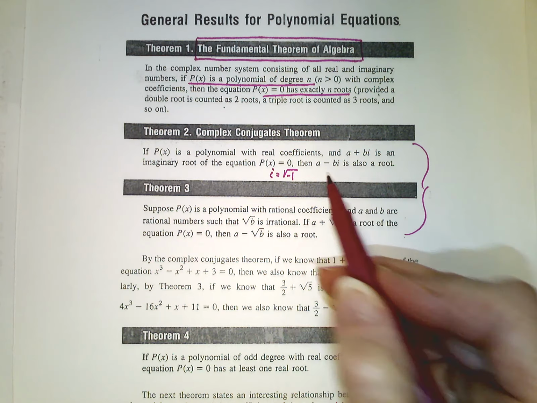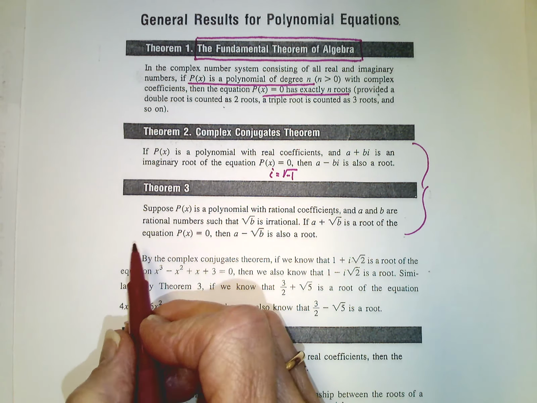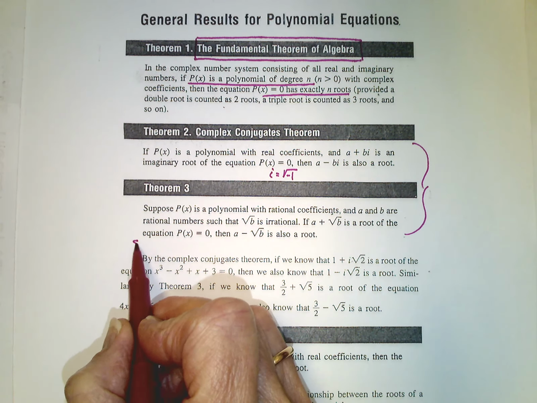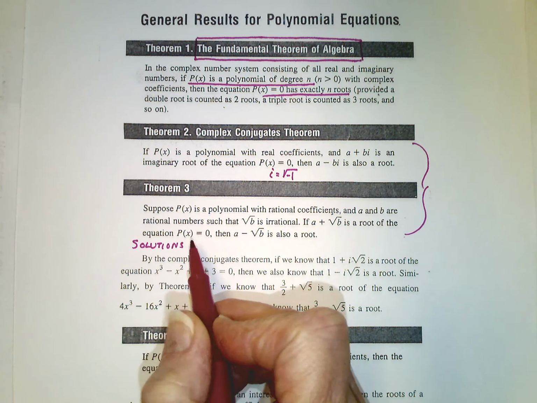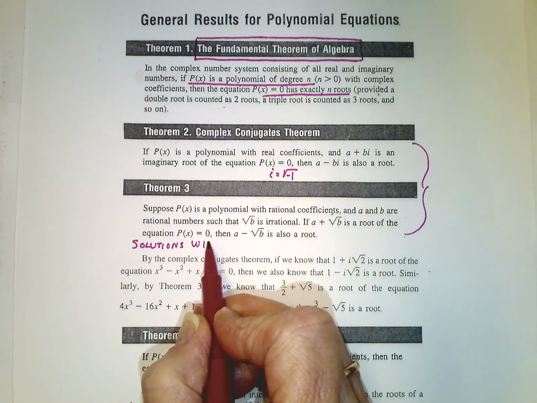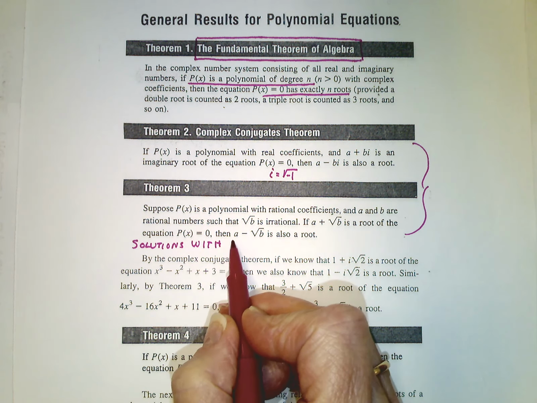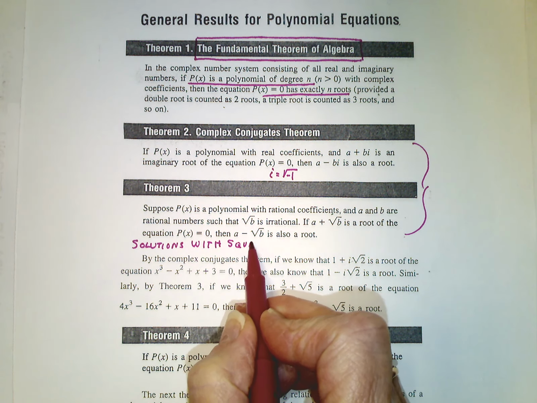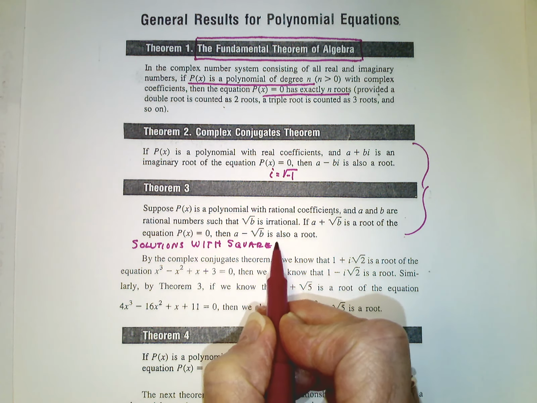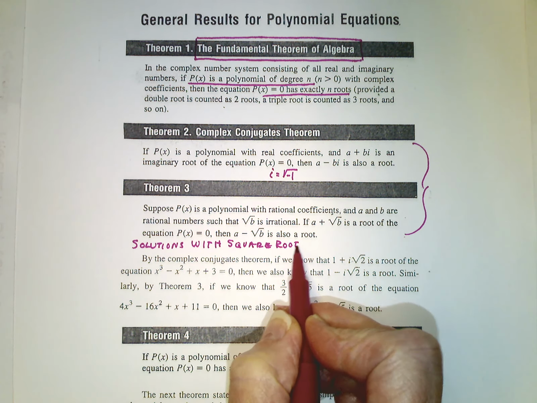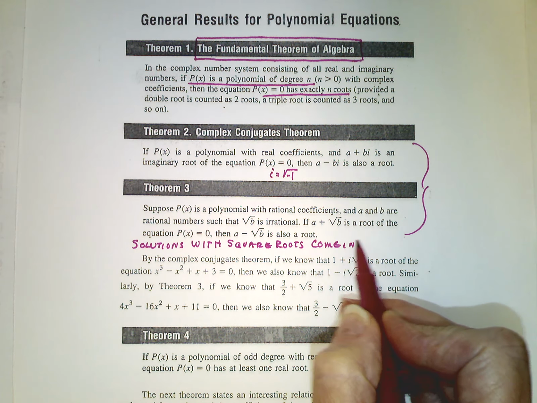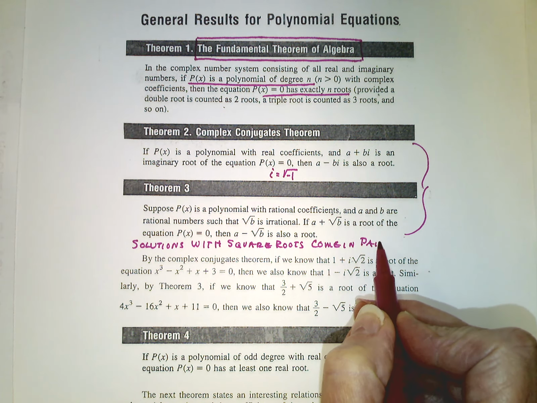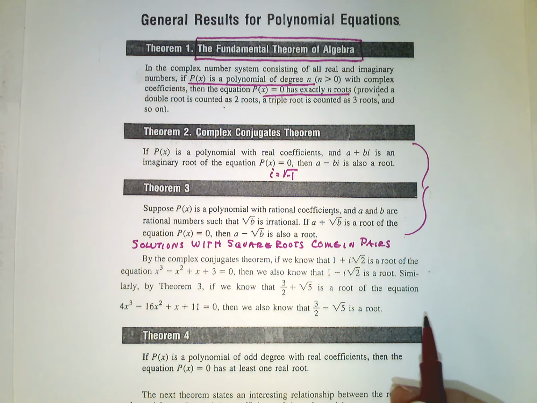Those two always come together as a pair. So solutions with square roots, I can't promise for any other kind of roots, come in pairs. That they call the conjugates of each other.